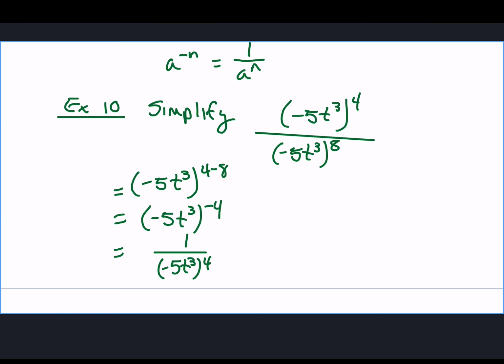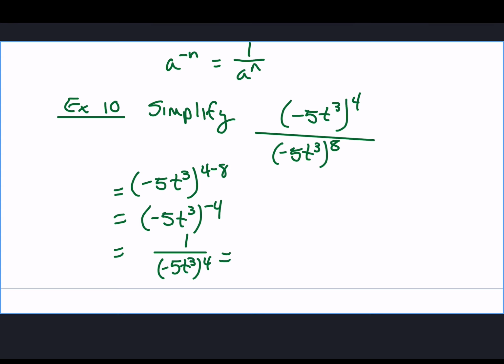So now we do have something that we can work with, right? What can we do? Well, we can do the power. What's that rule called? The power rule. So we can put the exponent on the inside.